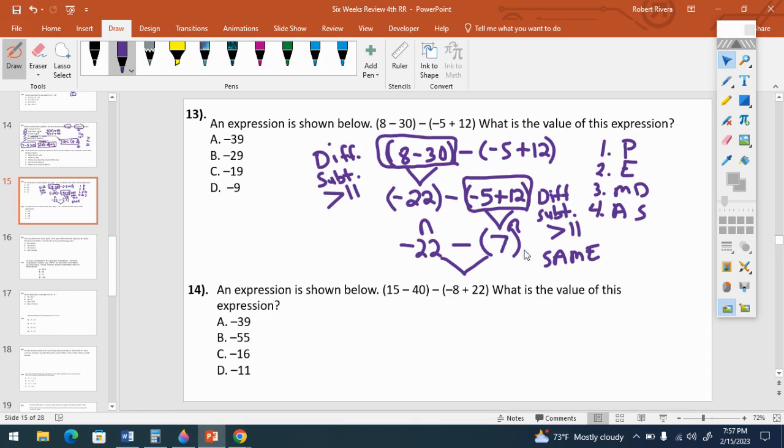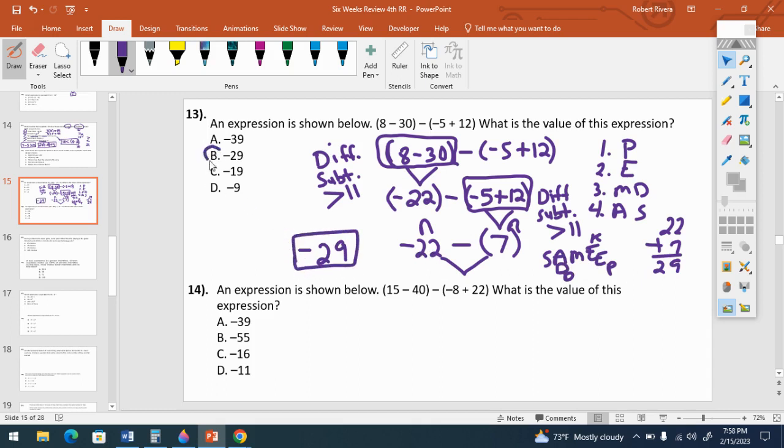So negative and negative would be same. What do we do? We add and we keep. So we're not going to subtract. Some of you are not going to subtract because you don't want to use the rule. So 22 plus 7 would be 29. So the answer is for sure 29. But since both of them are negatives, it says to add and keep a negative.